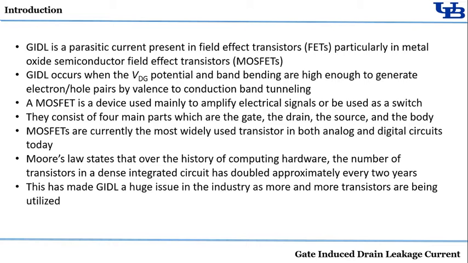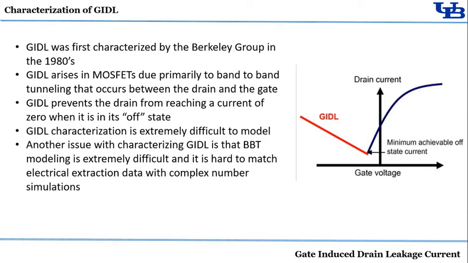So, moving on to the characterization of GIDL. GIDL was first characterized by the Berkeley group in the 1980s. It arises in MOSFETs due primarily to band-to-band tunneling that occurs between the drain and gate. GIDL prevents the drain from reaching a current of 0 when it's in its off state.